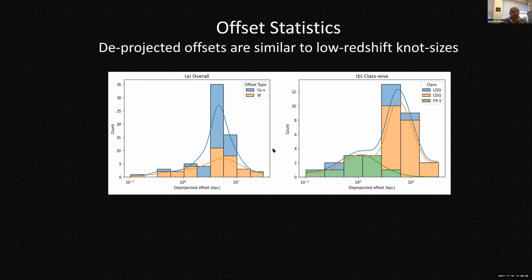Karthik: Yeah. I'm slightly confused by the left plot. How can you have offsets and also co-spatial superposed? Speaker: Oh, I'm just assuming a threshold as an upper limit. So I'm using a 0.15 arc second upper limit offset on these co-spatial knots. If they have an offset, it's going to be less than that. Karthik: I see.